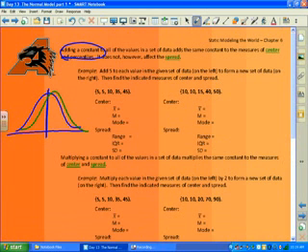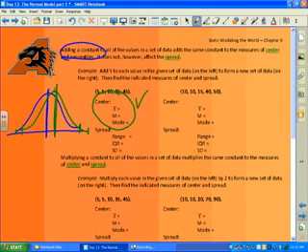It just shifts it, and did it change the distance from here to here? Did it change the spread? How far the highest was from the lowest? No. But did it change the average? Yes. It affected the center.